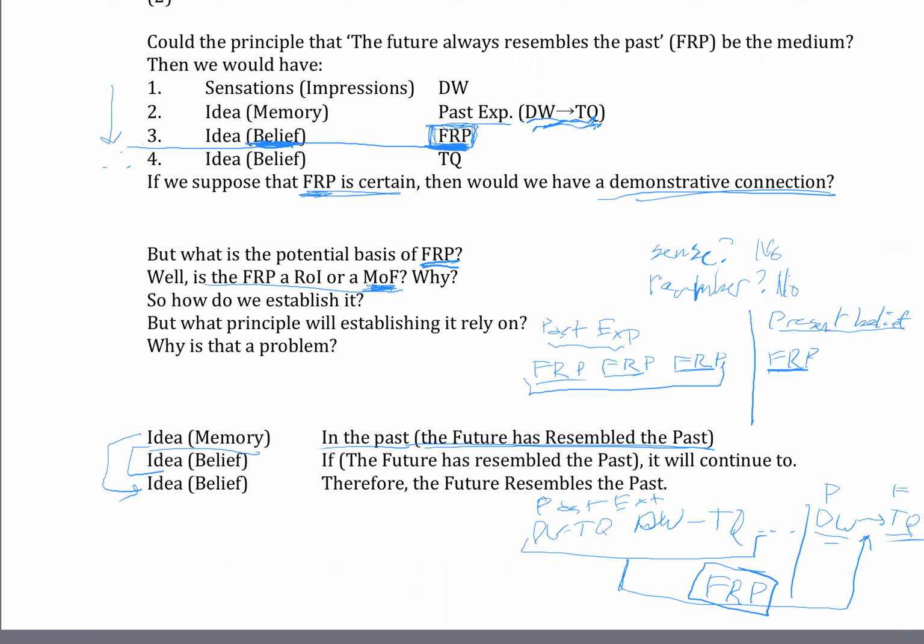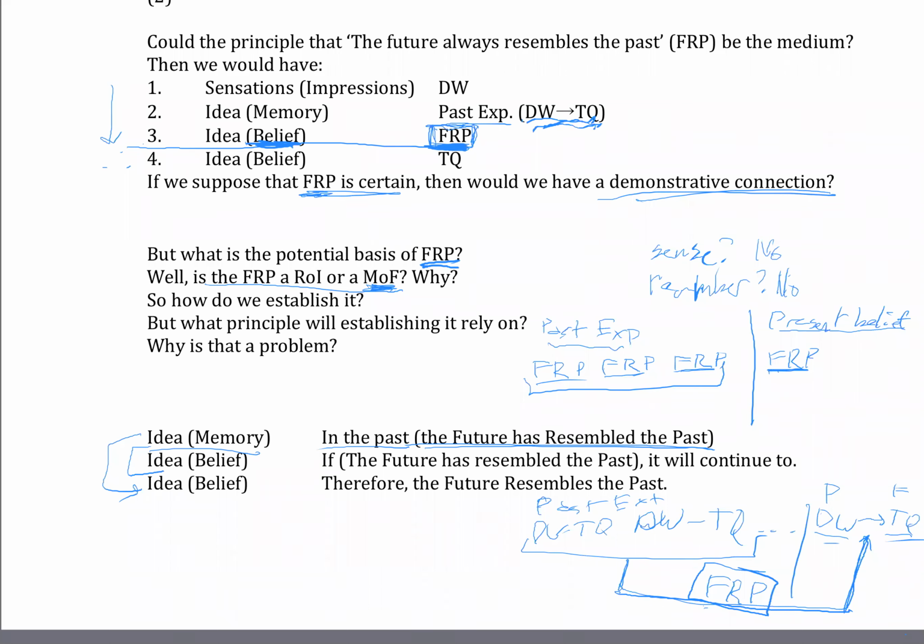So the past experience would be like the present. And because of that, when I drink water right now, my thirst will be quenched. And so here, the future resembles the past was the medium that could get me from my drinking water to my thirst being quenched.